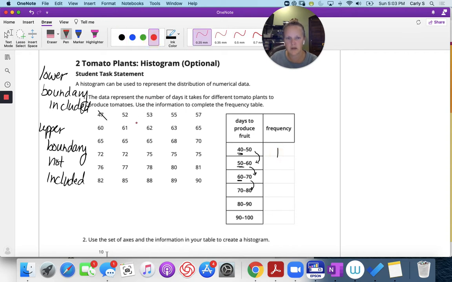All right, so now we're going to do 50 to 60. 1, 2, 3, 4. See how that 60, we're not going to include it in this interval because the 60, that's the upper boundary, it's not included. So we're going to include that here.